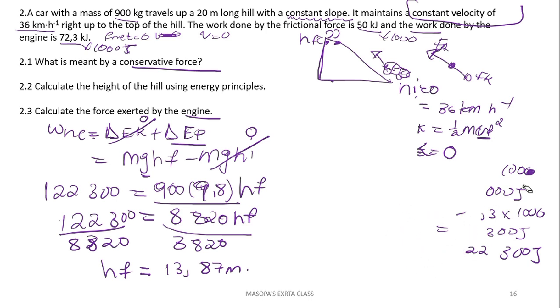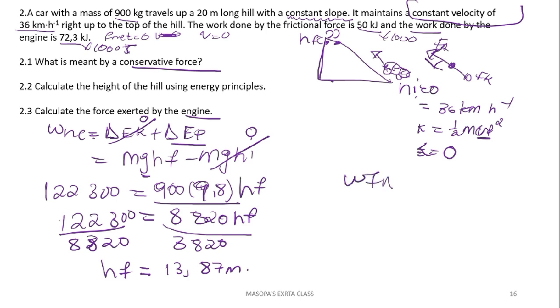So you can simply say that work done equals force times delta x times cos of the angle between the force applied by the engine and the delta x, which will be 0 because we cover the delta x in that direction. So the work done by the force applied by the engine equals what?